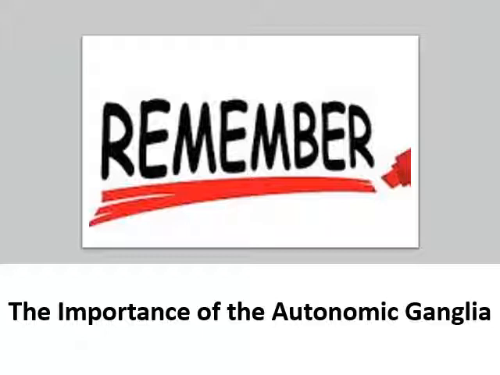Always remember the importance of the autonomic ganglia. The autonomic ganglia serve as distributing centers, so that one preganglionic fiber gives rise to several postganglionic fibers that distribute the autonomic impulse to many organs, doing what is known as divergence.